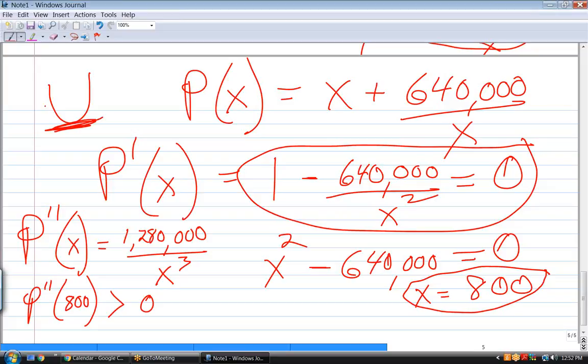And as long as my derivatives go negative, negative, negative, 0, positive, positive, positive, then it's a minimum. So I don't have to use the second derivative test, but it's certainly the easiest thing. The only time you really have to use the first derivative test is if the second derivative test comes out to be exactly 0.